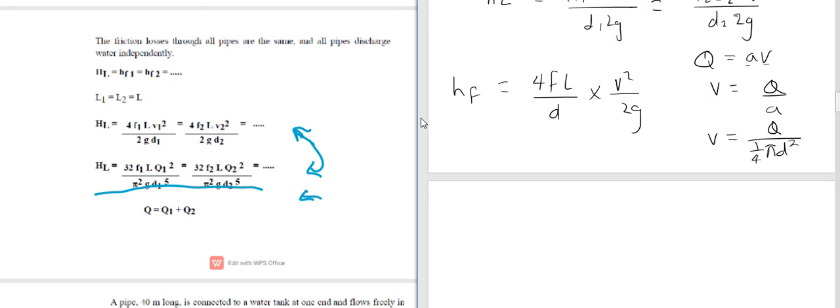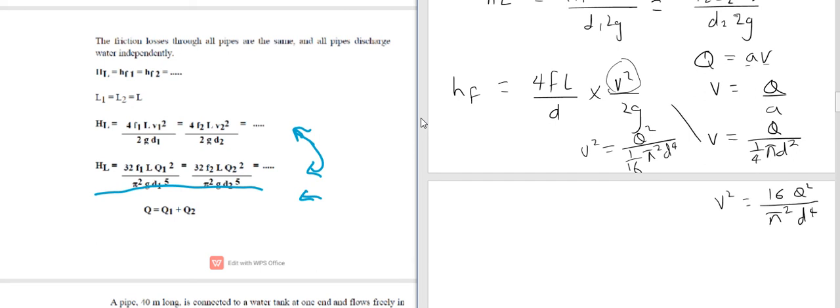So if this is correct, now we have V square here, right? So square it. V square will now be equal to Q square over 1 over 16 pi square d raised to power 4. And that will just give us, let me write it again, V square is equal to 16Q square over pi square d raised to power 4.